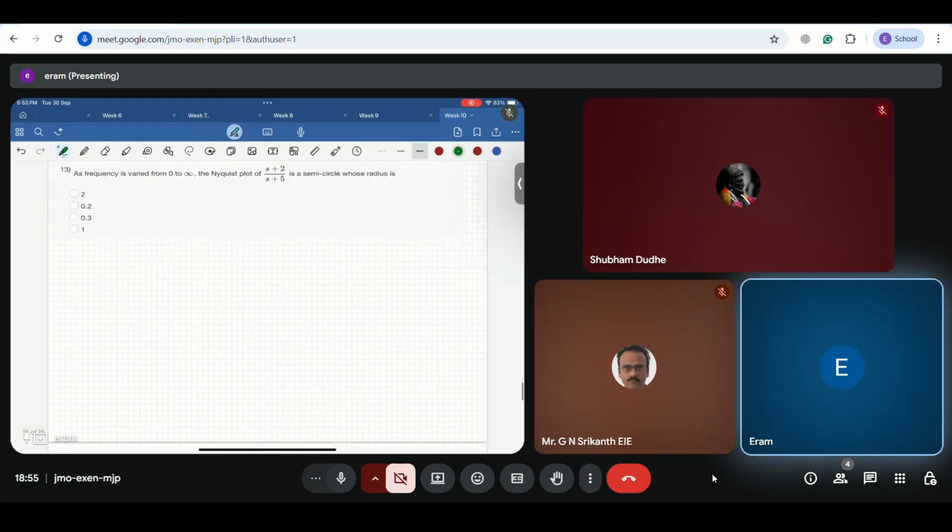Fine. Now in this question, for s plus 2 divided by s plus 5, what we need to find out is the radius of the semicircle.